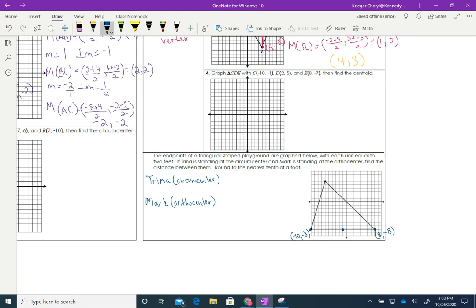So I have negative 10, negative 8, and let's do this point here at the top. Looks like negative 6, 7. Let me check that. 2, 4, 6. 1, 2, 3, 4, 5, 6. Okay, I was wrong.